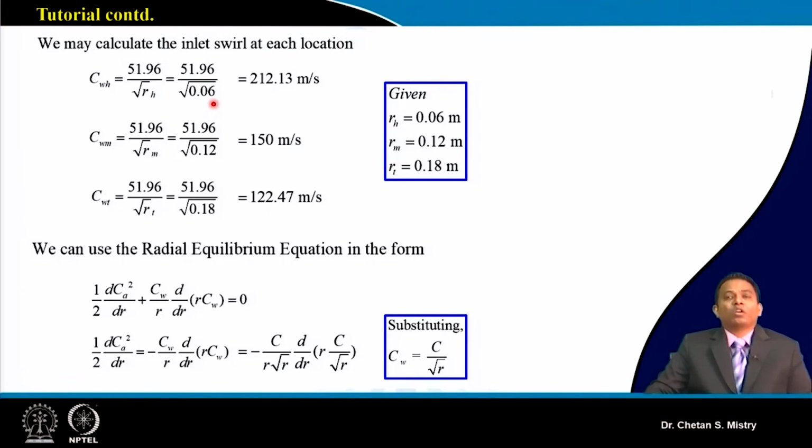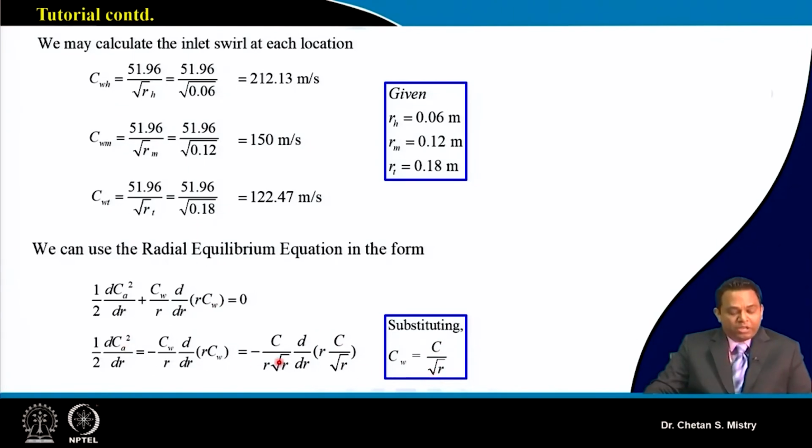Now, in order to calculate our flow angle, we are looking for our axial velocity. What we know from the radial equilibrium equation, or vortex energy equation, is a known formula for us. In place of my Cw, we can write some constant divided by square root of r.